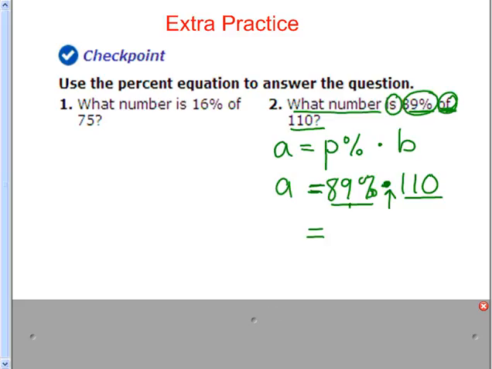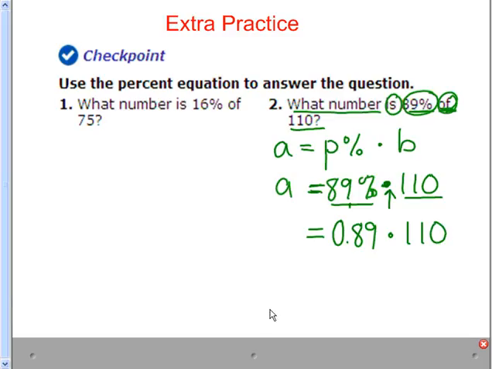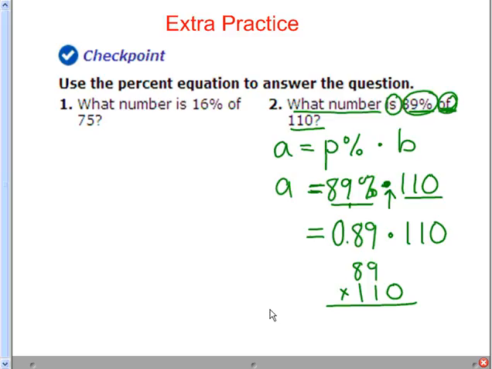All right, changing 89% into its decimal form, multiplying by 110, I should be able to get an answer to that question. I'm going to do 89 times 110, but I'm going to forget about the 0 for a little while and just do 89 times 11, because I like to do it that way. 89 times 10 would be 890, so I'm using partial products right now. 89 times the 1 would be 89.